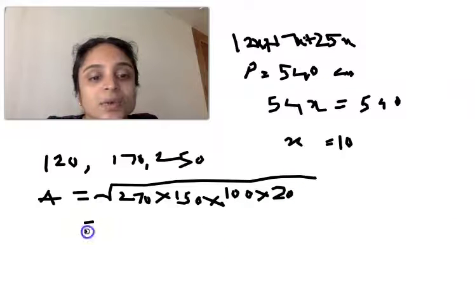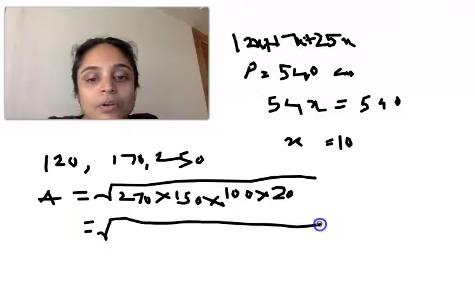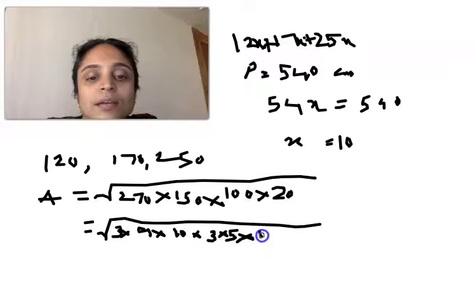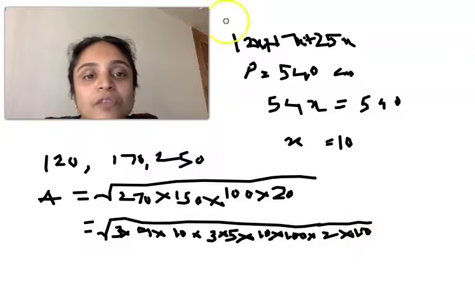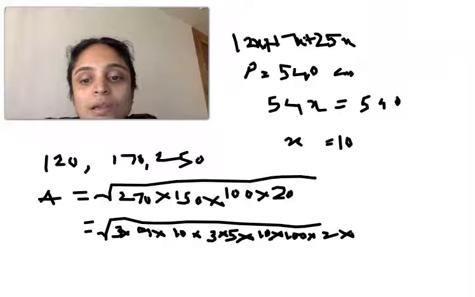Now, this is equal to root of 3 into 9 into 10, right? Into 3 into 5 into 10 into 100 into 2 into 10. 10 also we can write as 2 into 5.